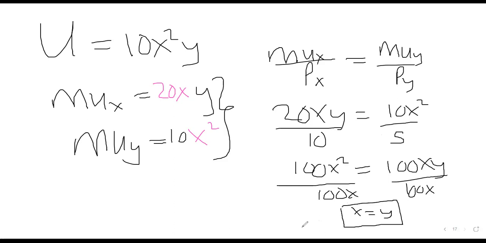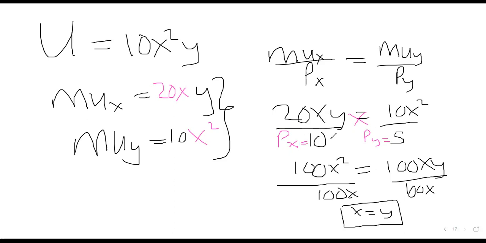Sorry, Mr. Collins, how are you finding the 100? I'm lost on that one. Martha, explain to them where we get the 100. So the 100 is coming from just the formula, MUX over PX, and we found these, so we're just plugging them in from what we had found. So we found 20xy, and then our PX from the question was 10, and then our MUY was 10x2, and our PY from the question was 5.